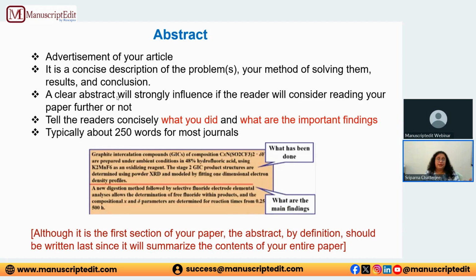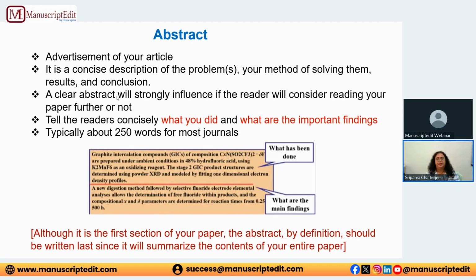And if you remember the timeline, the abstract catches the reader's attention, and it's an advertisement of your whole article. People will read your title and then abstract. If they're interested, they will go through the whole text. If they are not, they will not read. So typically an abstract is about 250 words, and there you have to summarize the novelty and the importance of your work.